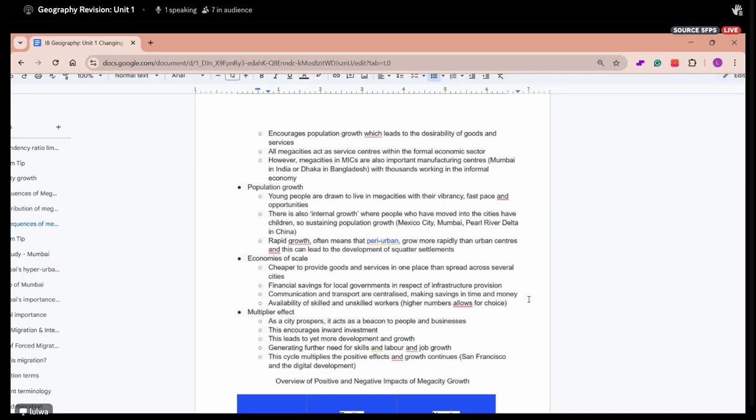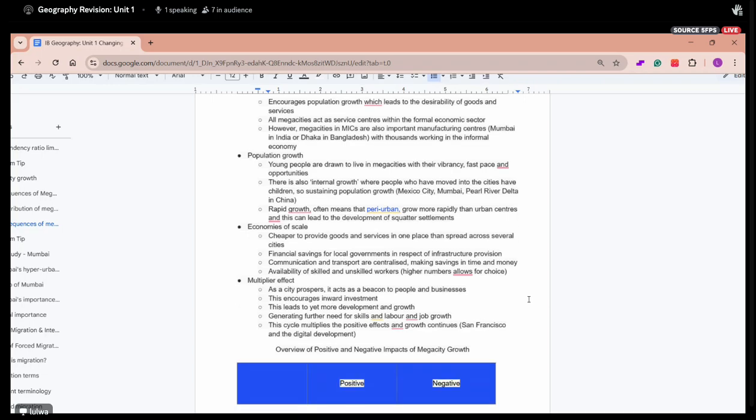There's also internal growth where people move into the cities, have children, so there is vast population growth within the megacity itself. And there's also economies of scale, which means it's cheaper to provide goods and services in one place rather than spread across several cities.